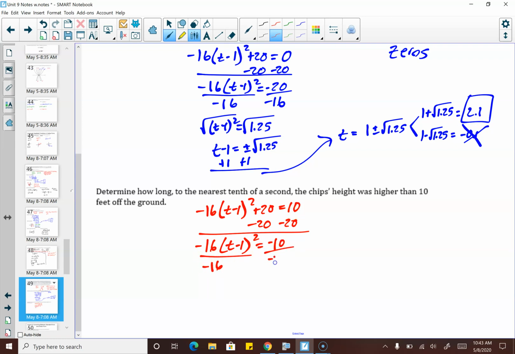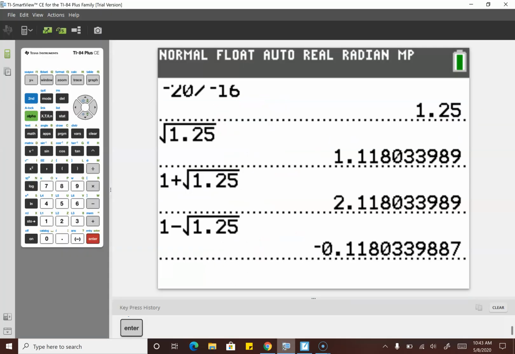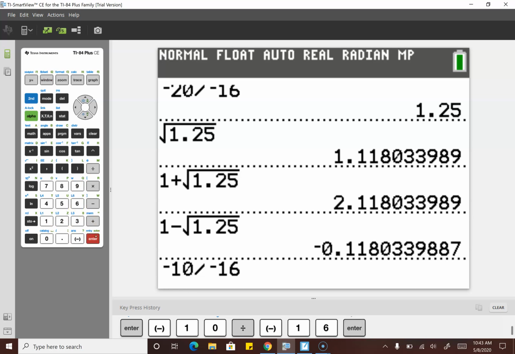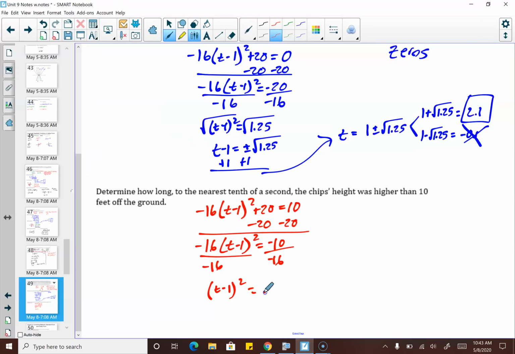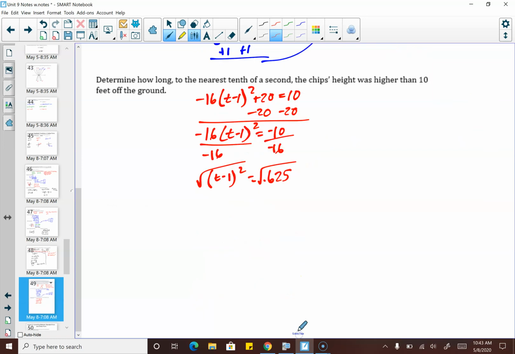Divide both sides by negative 16. We get t minus 1 squared equals, all right, and we'll get this simplified in here, so negative 10 divided by negative 16 gives us 0.625. We're going to end up rounding, so you could leave it there as well. Square root, okay?